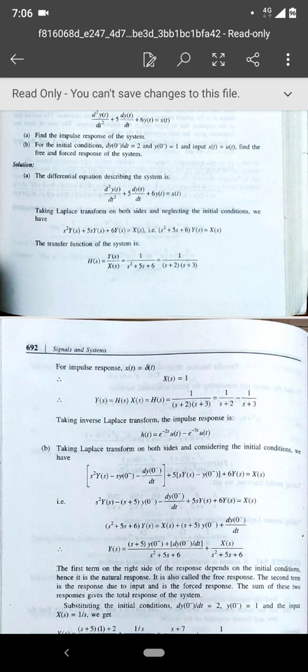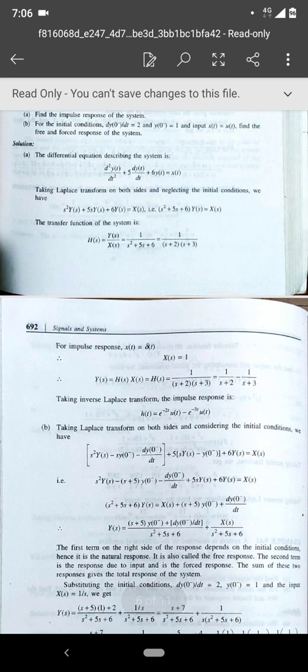That is s square into Y of s minus s into y of 0 minus minus the first derivative of y at 0 minus, which is the Laplace transform of d square by dt square of y of t, plus 5 into (s Y of s minus y of 0 minus) plus 6 into Y of s, equal to X of s.